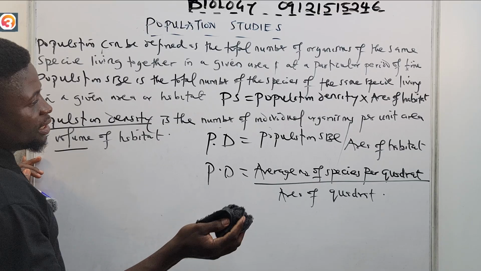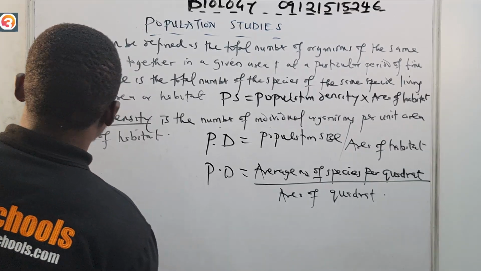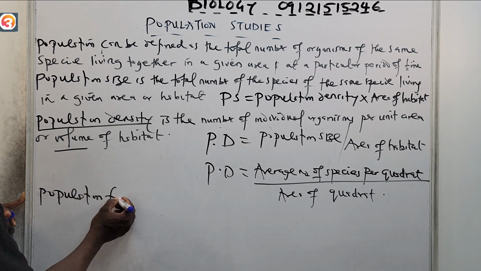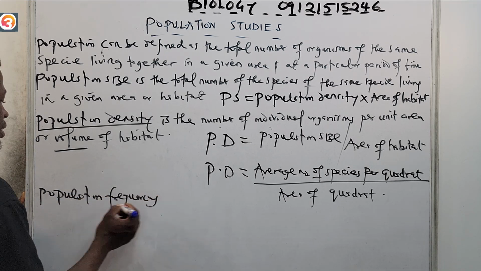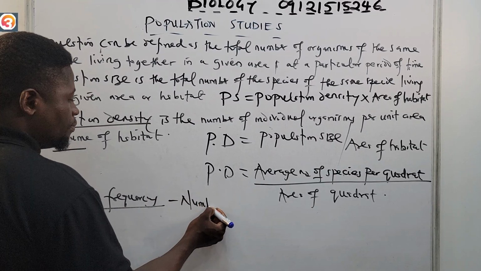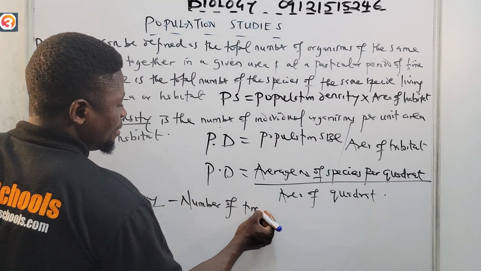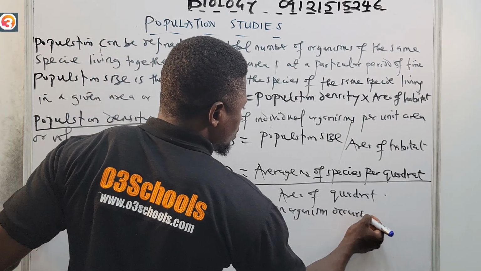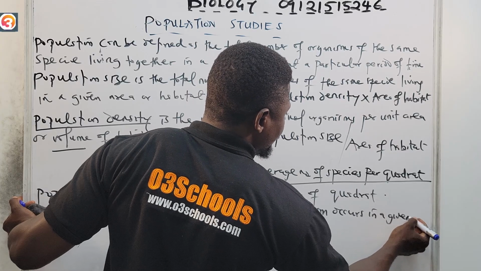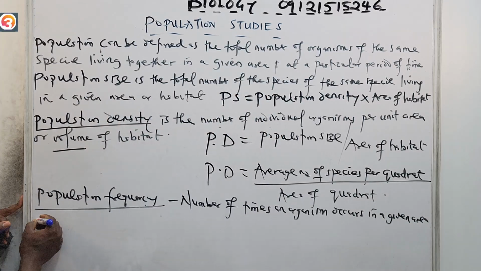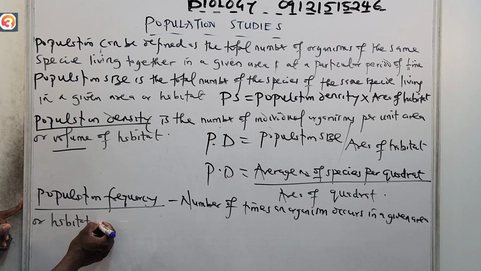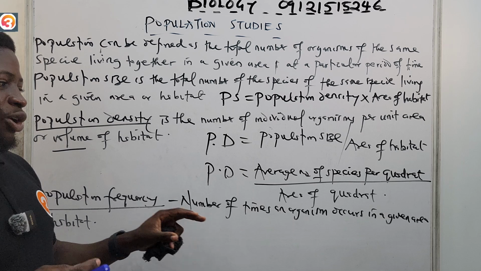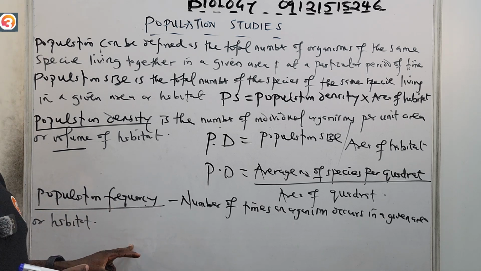Now let us quickly see another term for population, which is frequency. Population frequency is the number of times an organism occurs in a given area or habitat.